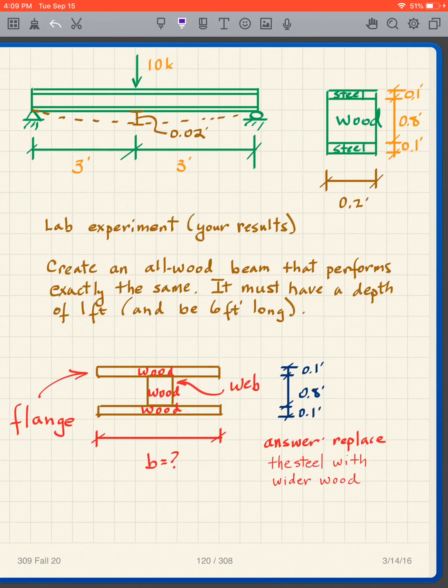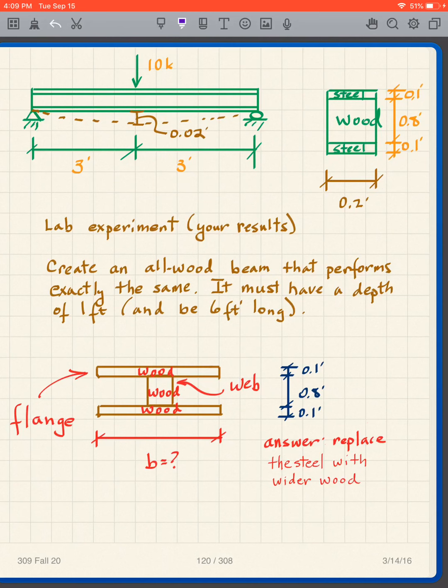In other words, I know how to analyze a beam that's all one material. We've just done it multiple times. So I'm going to analyze this instead of this, because I don't know how to analyze the steel-wood combination. So this is what we want to do.